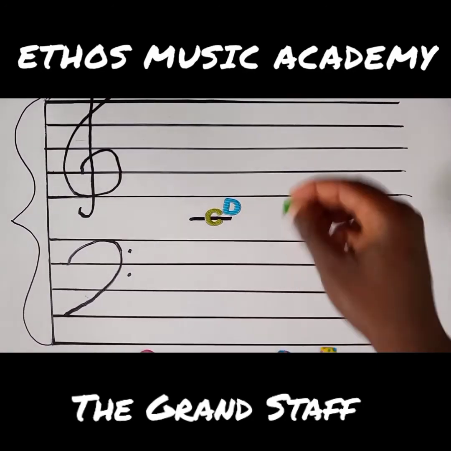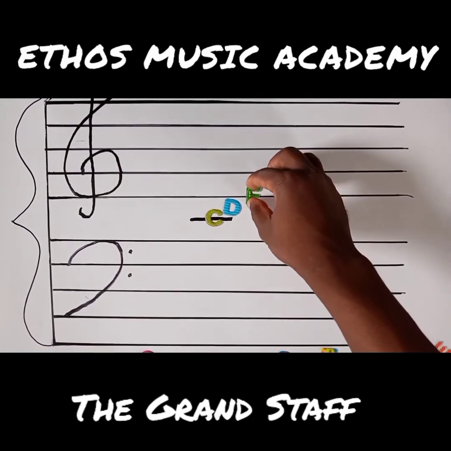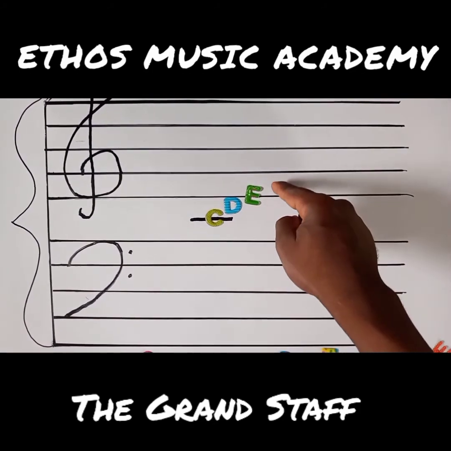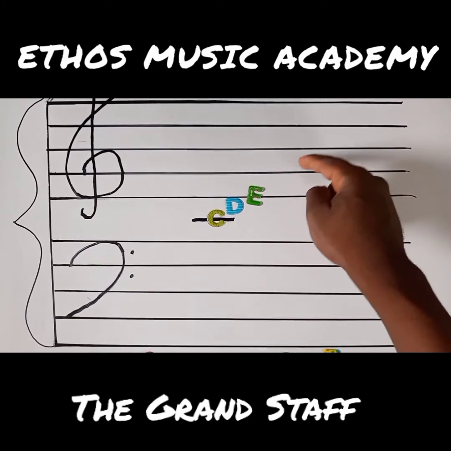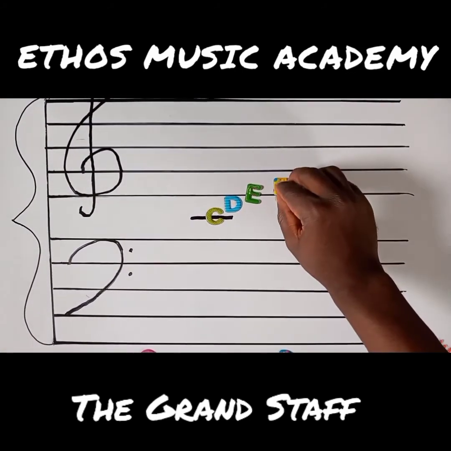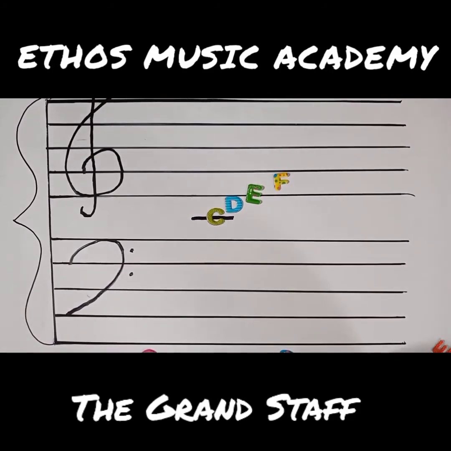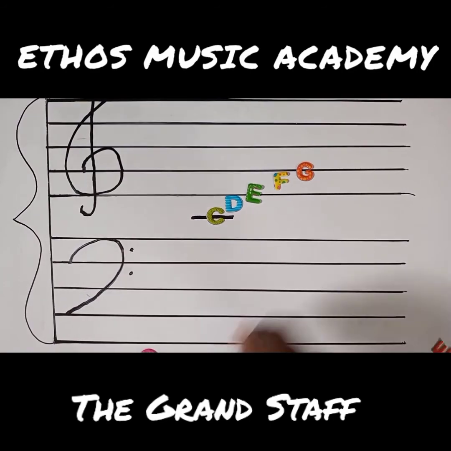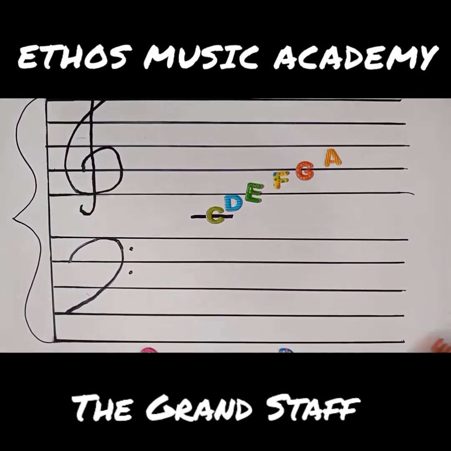Good. And then, of course, your first line E, and then the first space is F, and then your second line is G, and we just end it here. The second space is A.